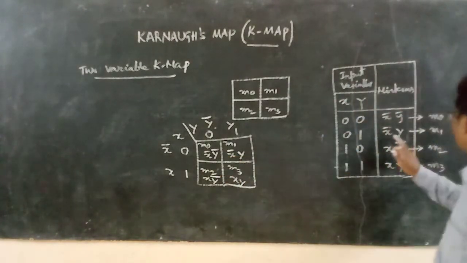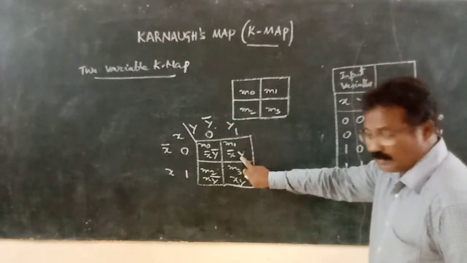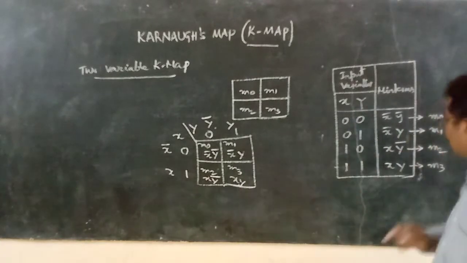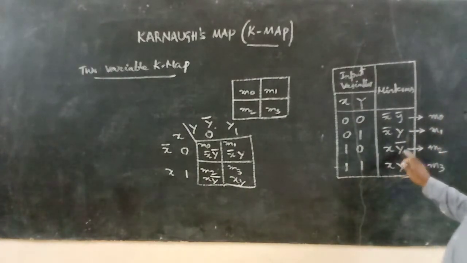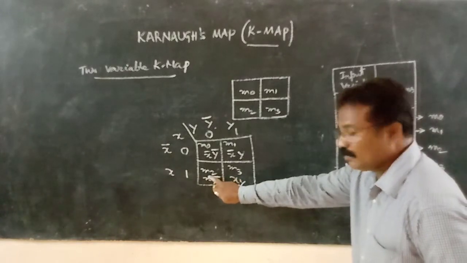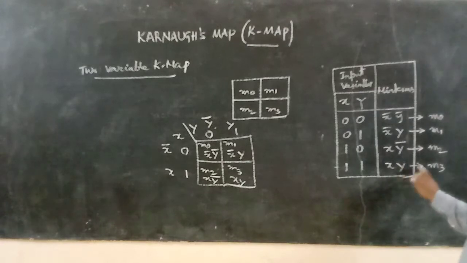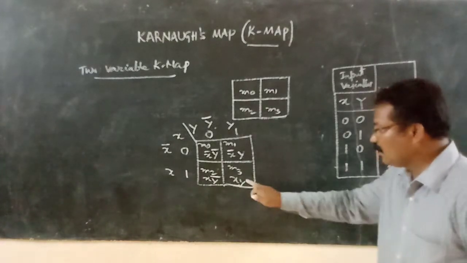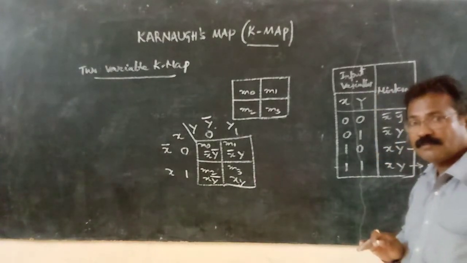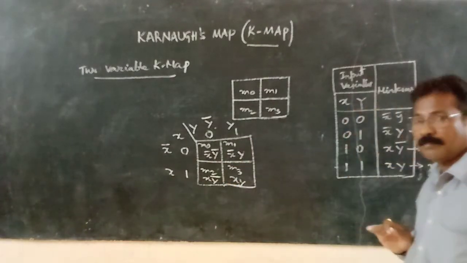Next one, x bar, y, is the second min-term, M1, specified in the second cell. Third min-term, x, y bar, is M2, specified in the third cell. Fourth min-term, x, y, is M3, specified in the last cell. So that is the representation of the K-map.